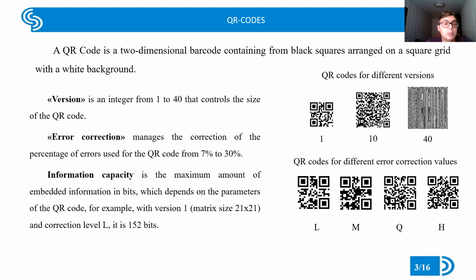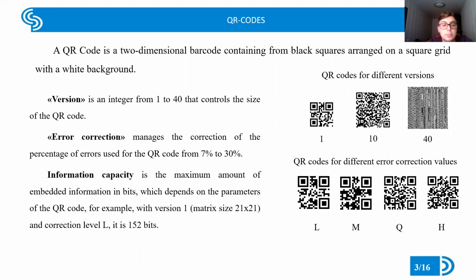A QR code has some key parameters. Its version is an integer from 1 to 40 that controls the size of the QR code. Error correction manages the percentage of errors that can be corrected, from 7% to 30%.